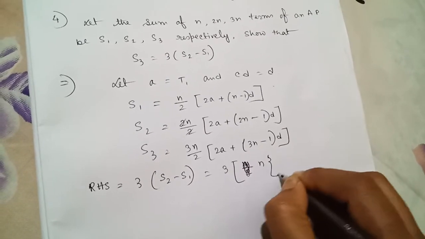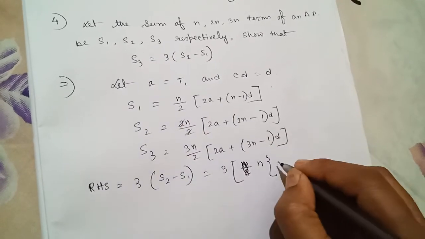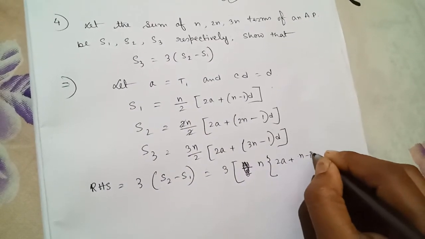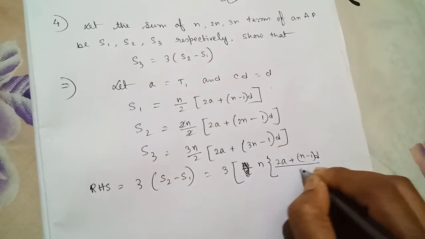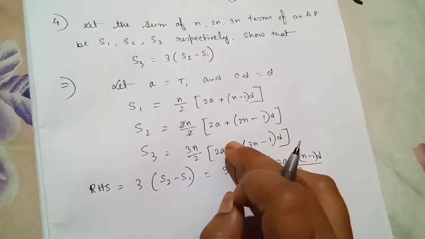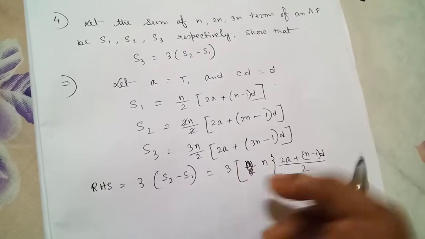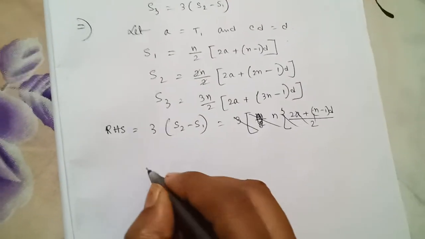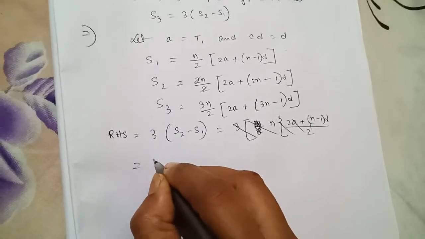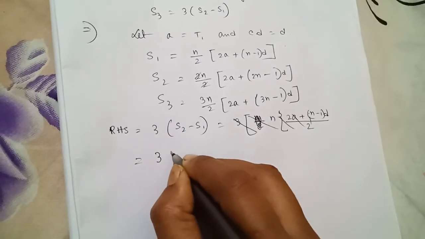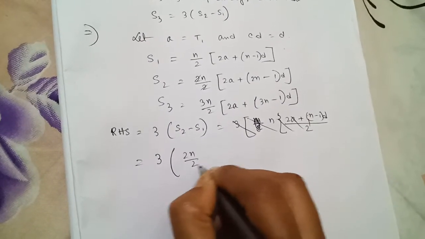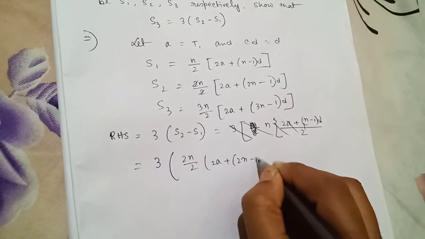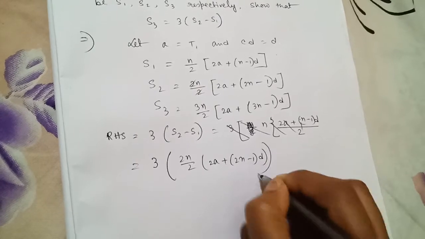Then what am I getting? Actually, I'm not writing it this way because this will be a little bit tough. So it's actually 2n by 2 into 2a plus 2n minus 1 into d.